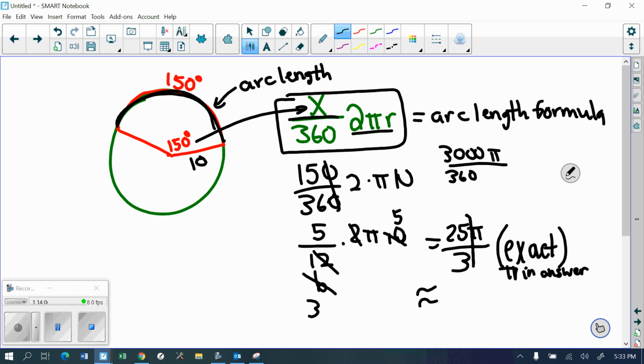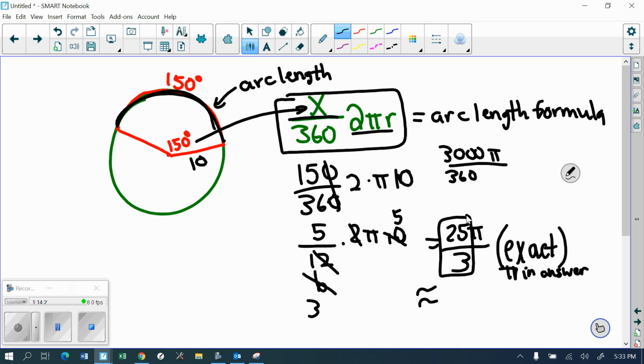I came up with that 25 thirds in my own brain using cross canceling and canceling straight down vertically. So it makes you feel better because I did it on my own without depending on a calculator. I could have just plugged it into the calculator and hit math, enter, enter, and it gives me that fraction and 25 pi over 3.